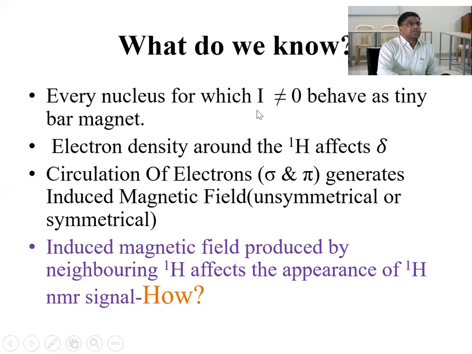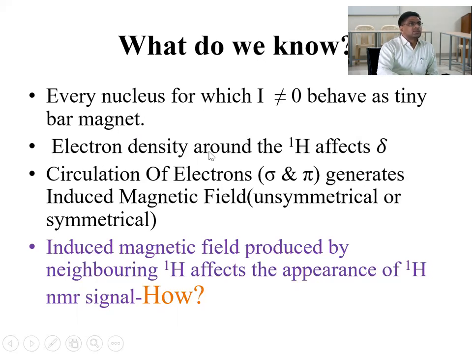Why such a nucleus behaves as a tiny bar magnet, we have discussed in earlier video lectures, so we are not going into more detail in today's lecture about this point.